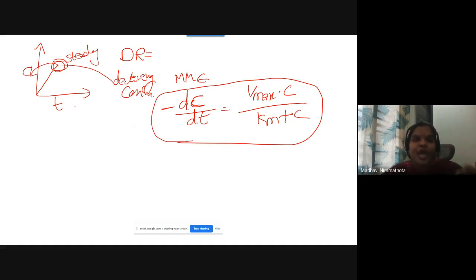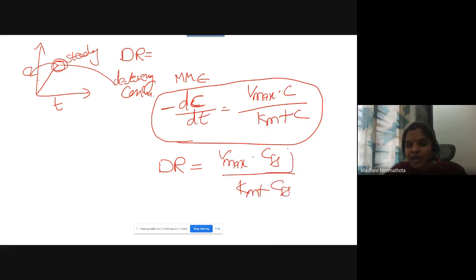So here at steady state, when the dosing rate equals the rate of decline in the plasma drug concentration, this equation becomes, here you are not going to calculate the rate of a process. Here you are calculating the dosing rate, so the equation becomes Vmax into Css divided by Km plus Css. So why am I writing Css instead of C here? Here we are talking about steady state plasma drug concentration.